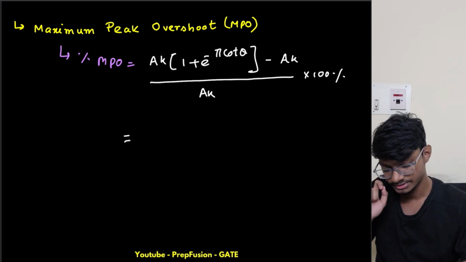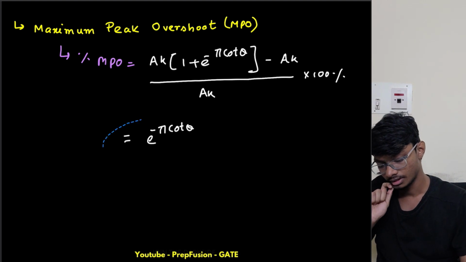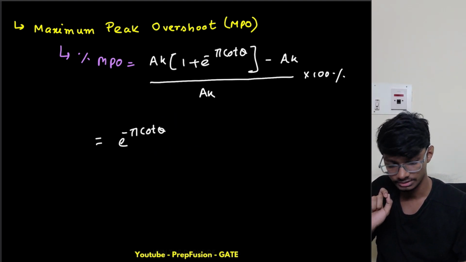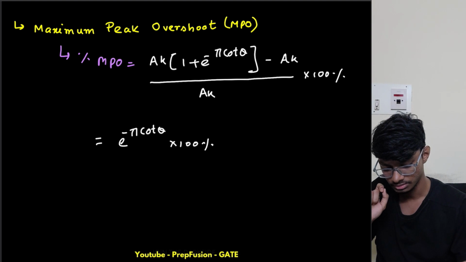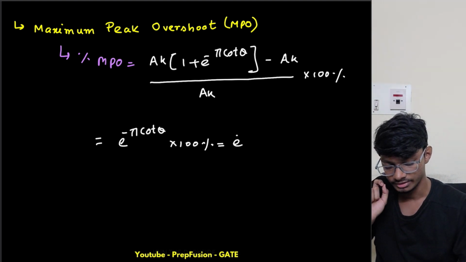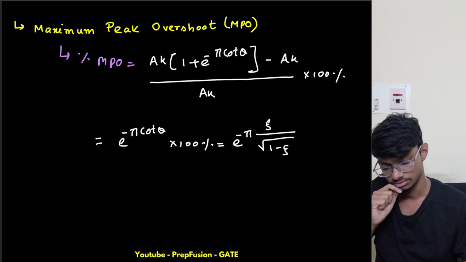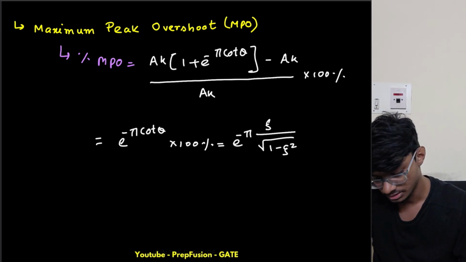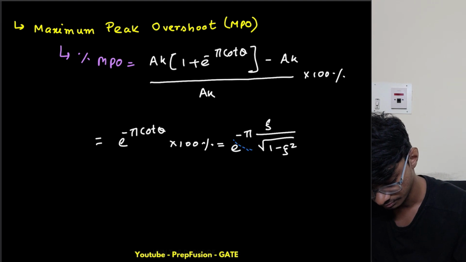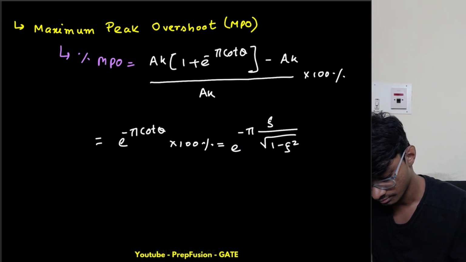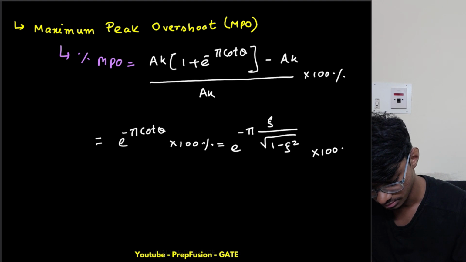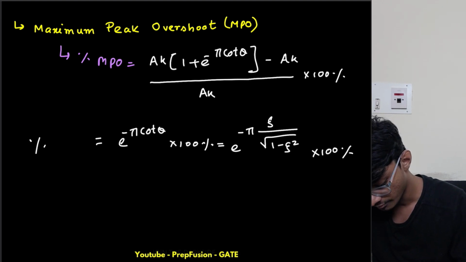So this is basically e raised to the power minus π cot θ, times 100%, and I can further derive it as e raised to the power minus πζ by under root 1 minus ζ squared, times 100%.